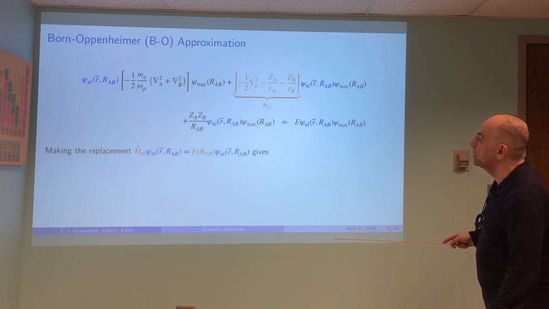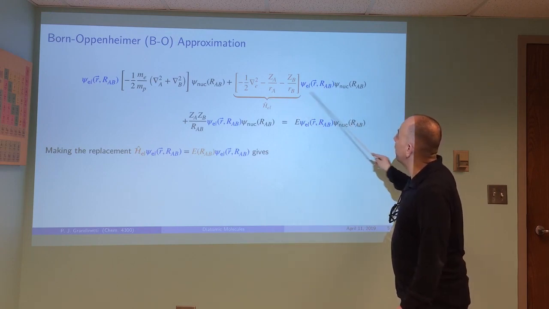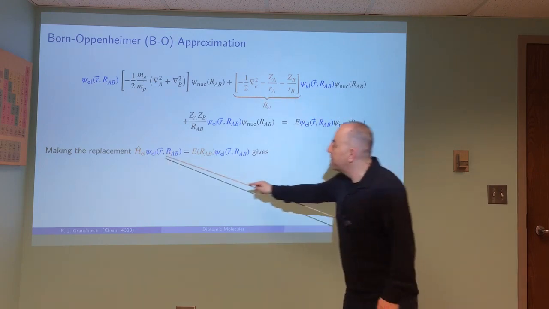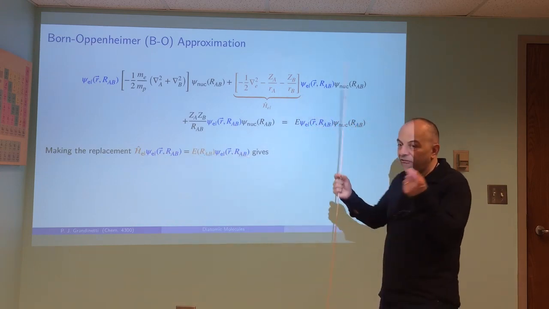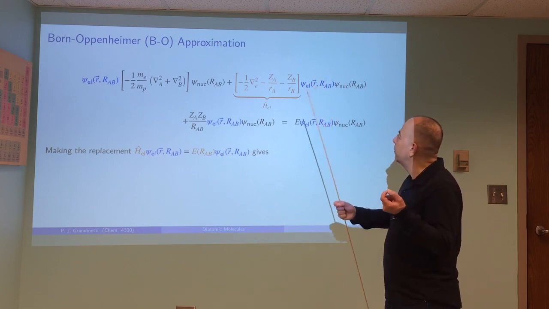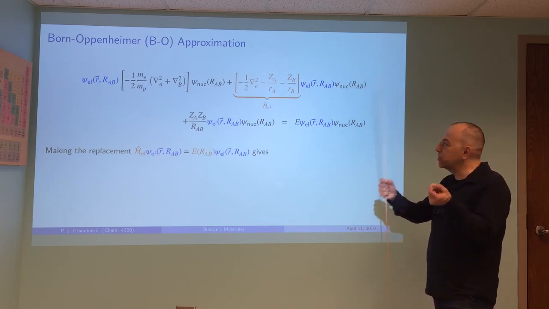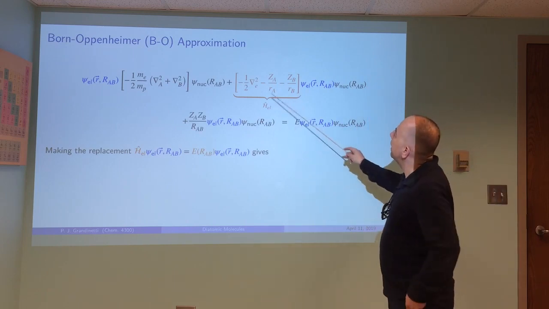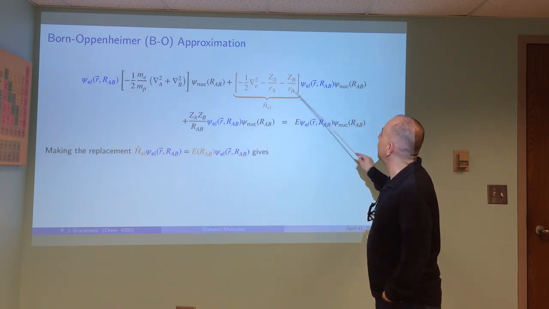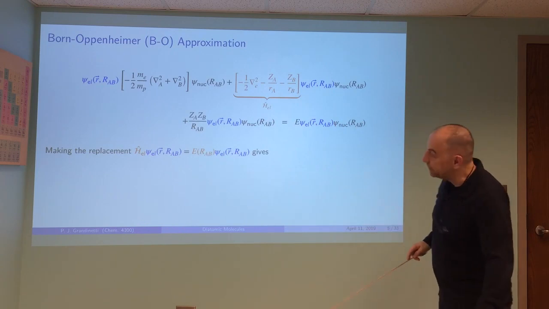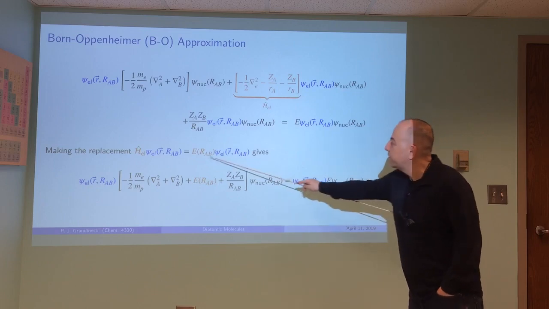Let's take a look at this. We see that this is the electronic part, the electronic Hamiltonian acting on the electronic wave function. That part, H psi, is E psi, right? If we fix the nuclei, and say that they aren't moving, and the electron is just a problem with a potential of two fixed positive charges, then this H psi is equal to E psi, and we can replace this whole thing with just E psi. So I'm just going to take all of that and replace it with this quantity.